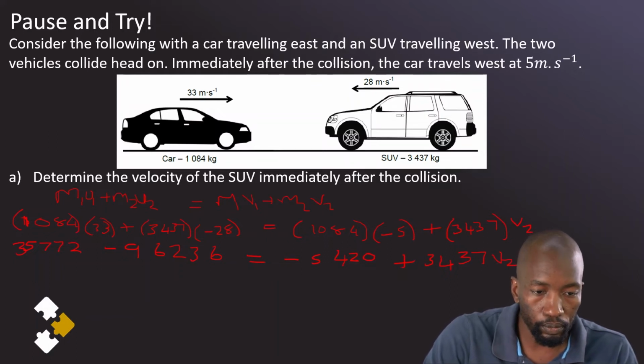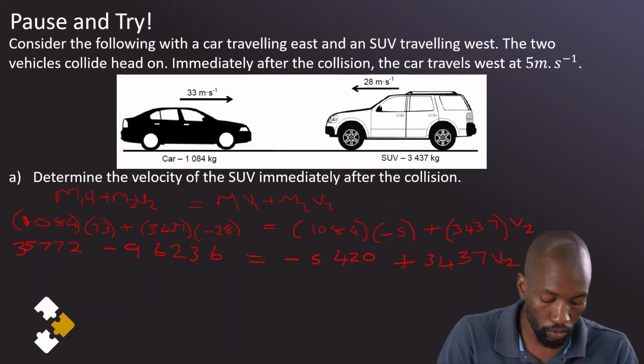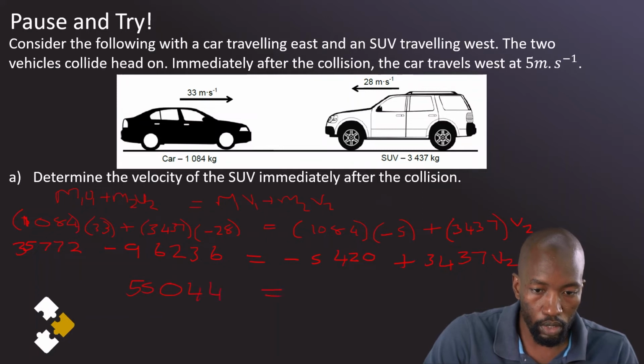Now we can just say 35772 minus 96236 plus 5420, which just gives us minus 55044 is equal to, remember there's a negative there, 3437 V2.